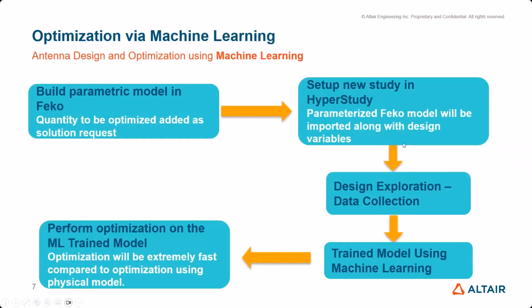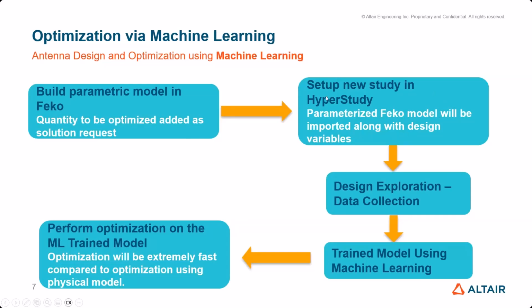So a little bit into the details of it. So optimization using machine learning, and how you can specifically do antenna design optimization using machine learning. So once, as we mentioned, that our parametric model is ready in CADFEKO, we run the FEKO solver and set up a new study in HyperStudy.